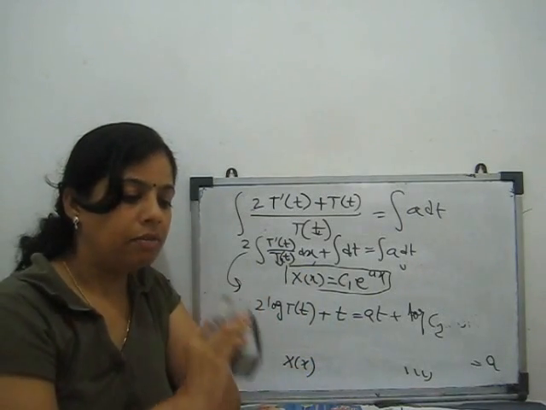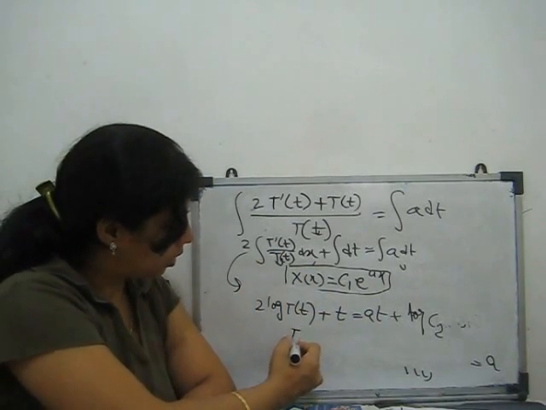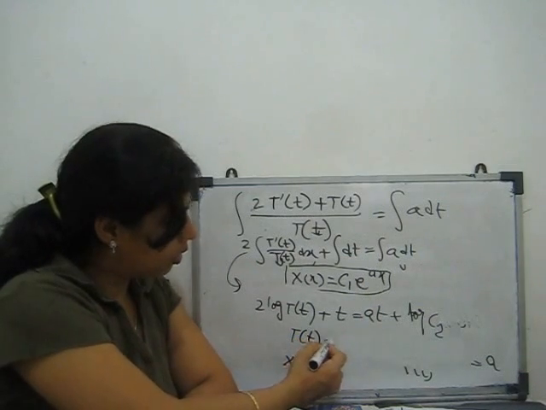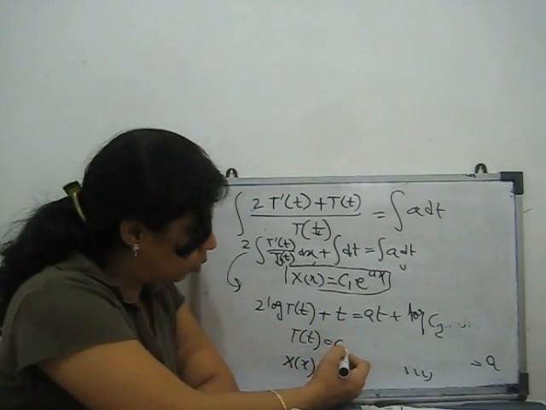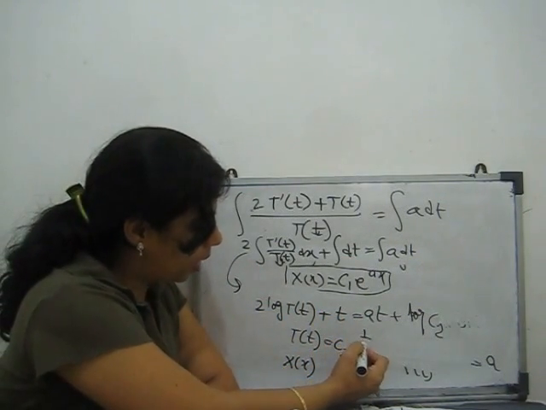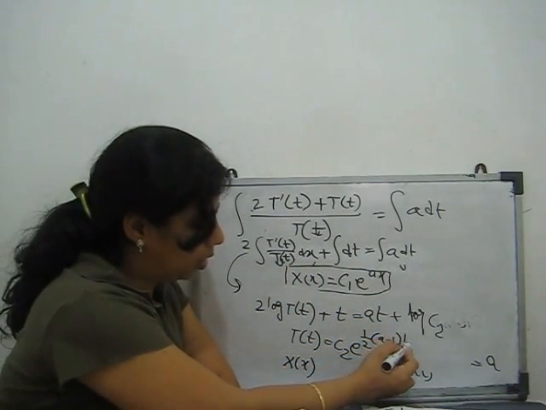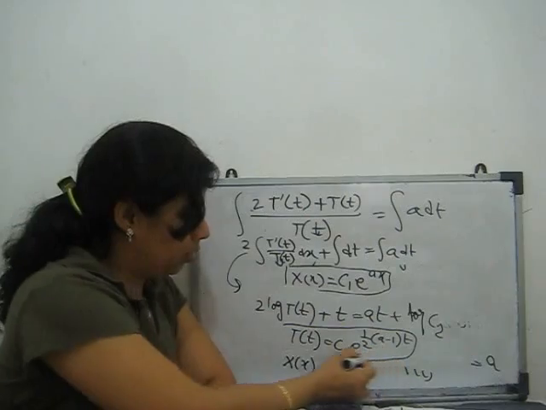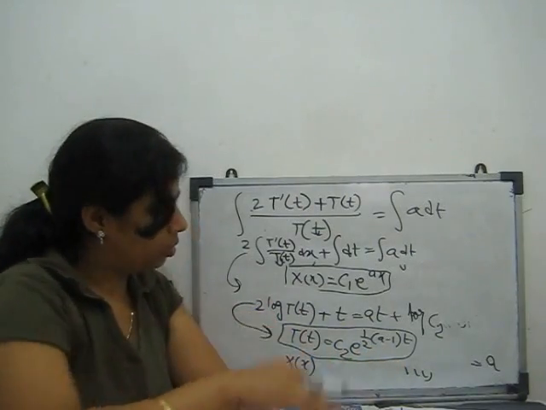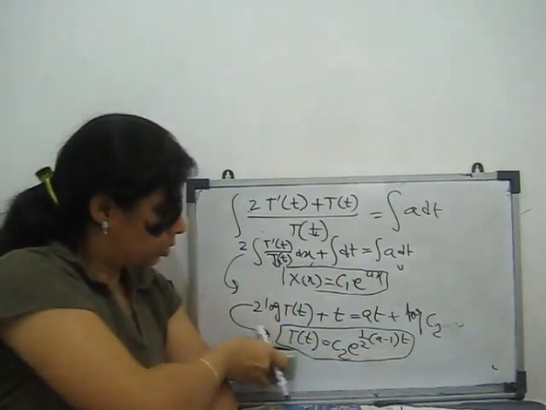So our function of t is equal to c2 e to the power 1 by 2 a minus 1 t. When you simplify, this equation gives this value.